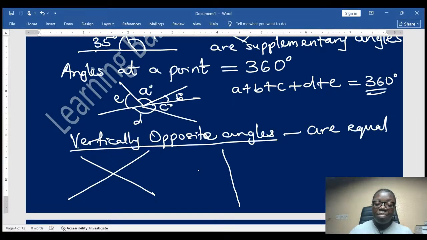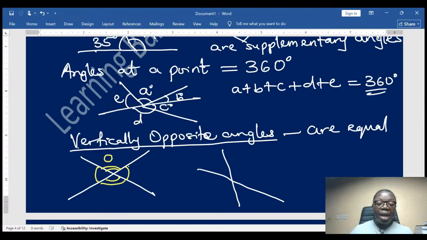Sometimes the X may be bent. Vertically opposite angles are called X angles. So whenever an X diagram is formed, the angles opposite are equal.